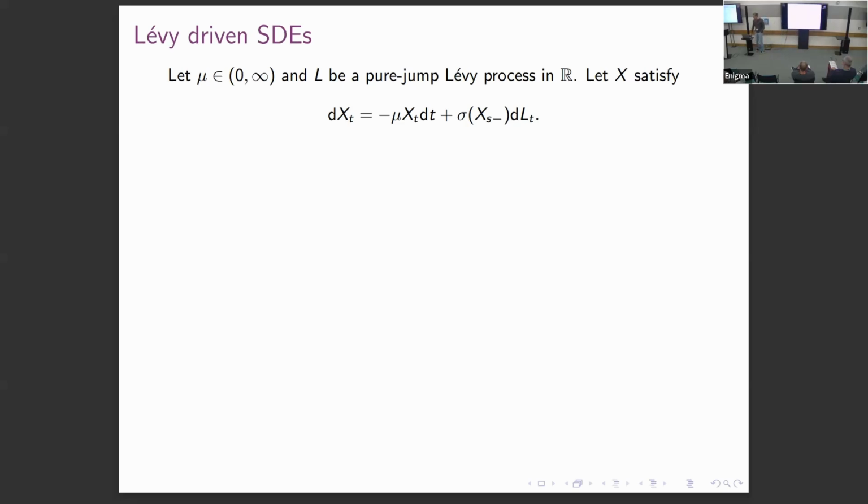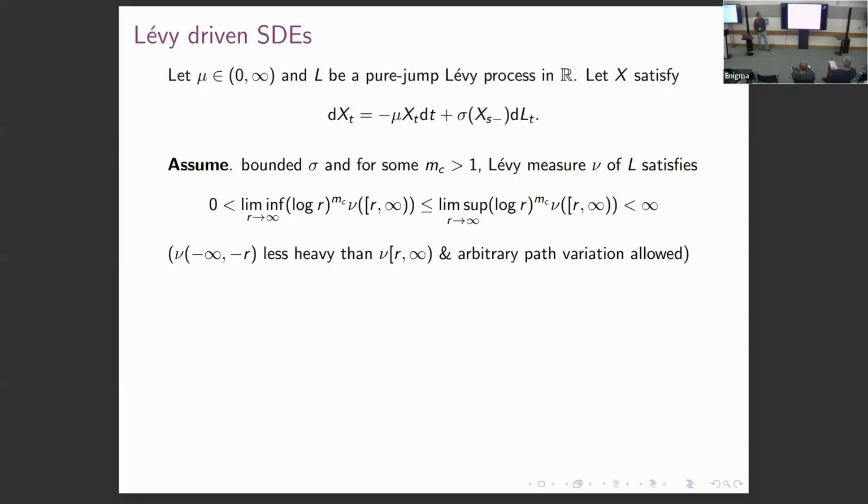And then we went back to the paper of Fort and Roberts, and we saw that if you replace Brownian motion with an extremely heavy-tailed Levy process that has logarithmically decaying tails, then the process X remains ergodic, but it is no longer exponentially ergodic, but you get polynomial ergodicity.